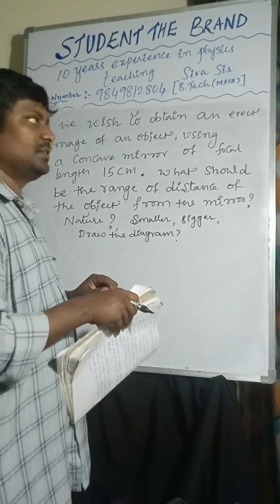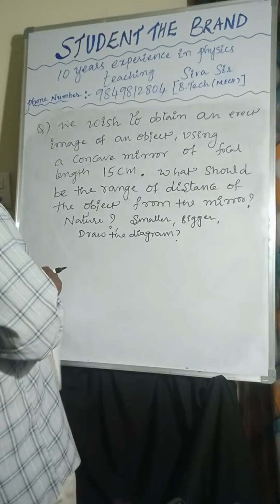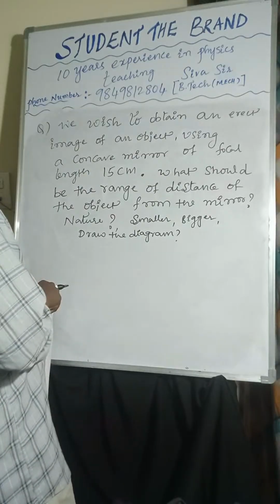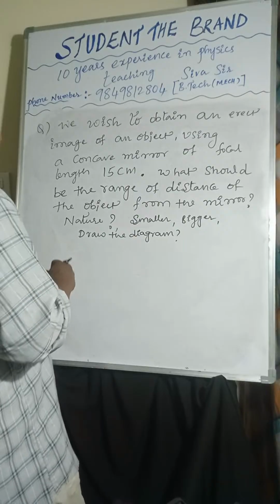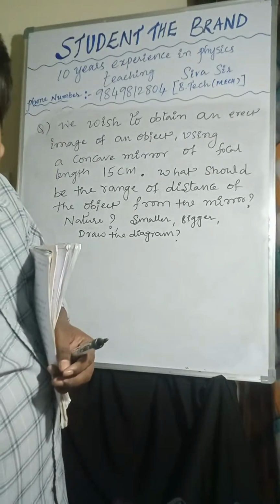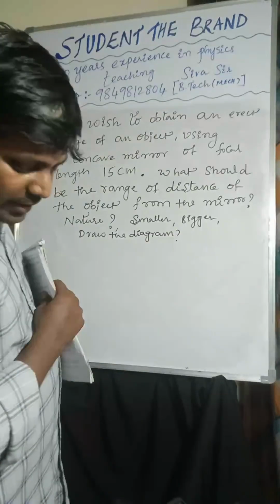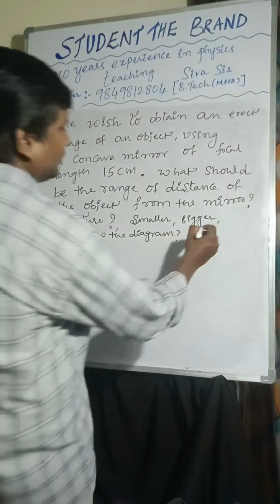Very good, Dhanush. So again, Dhanush came. We wish to obtain an erect image of an object using a concave mirror of focal length 15 centimeter. Answer from Dhanush, very good. What else is the answer?